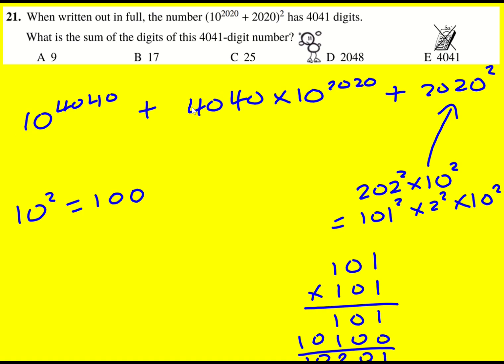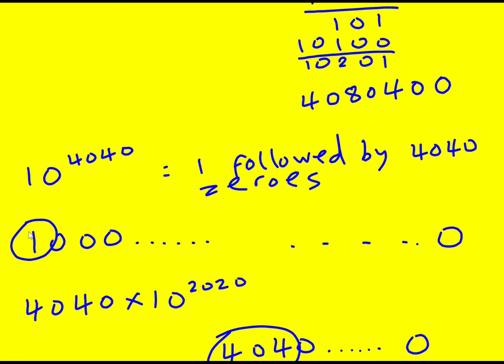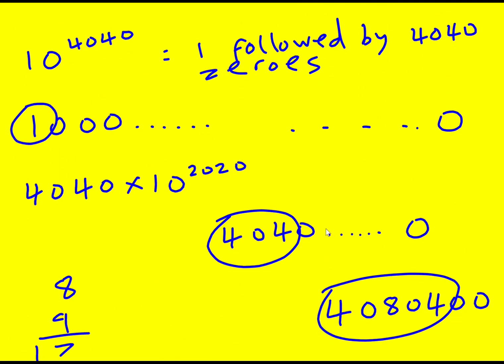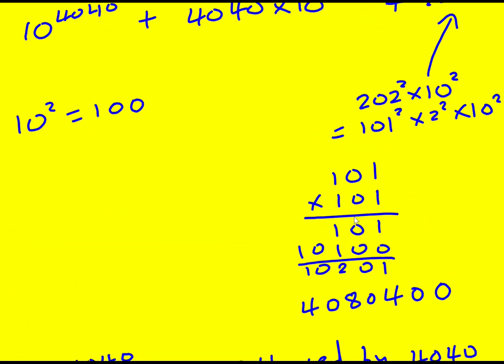This 4 overlaps with zeros from this number, and this 4 does as well. And this number is way too small. And when we get down to this number, which is 40804000, it is overlapping with zeros from the other numbers. So when you add it on, it's just going to stay as 40804000. That's why I can just add the digits of each of these numbers to give 25.